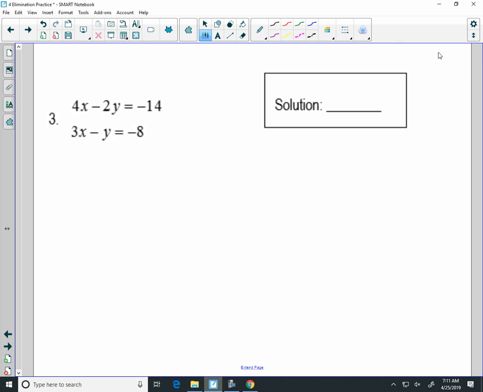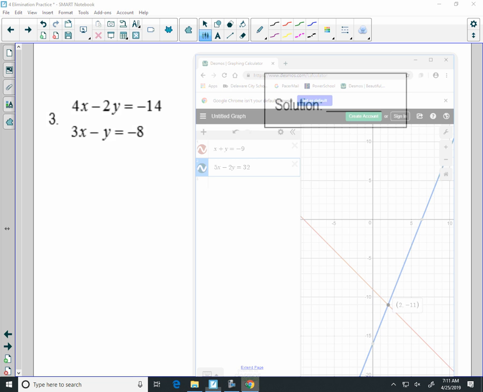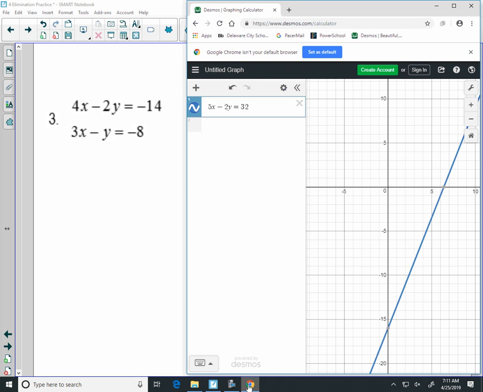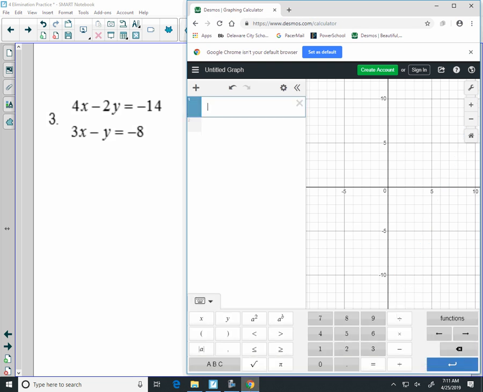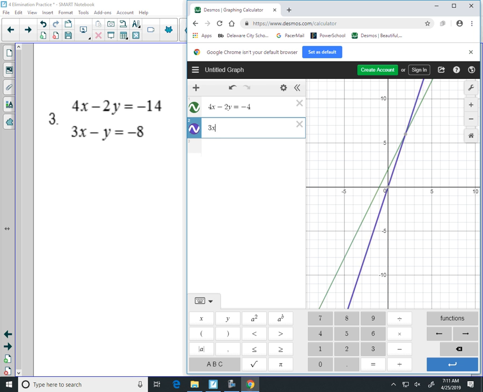Okay, for number 3, again, I'm going to put this into Desmos first, so I can be confident of the algebra I'm doing. I'm going to go ahead and clear out what I've got. 4x minus 2y is equal to negative 14, and 3x minus y is equal to negative 8.